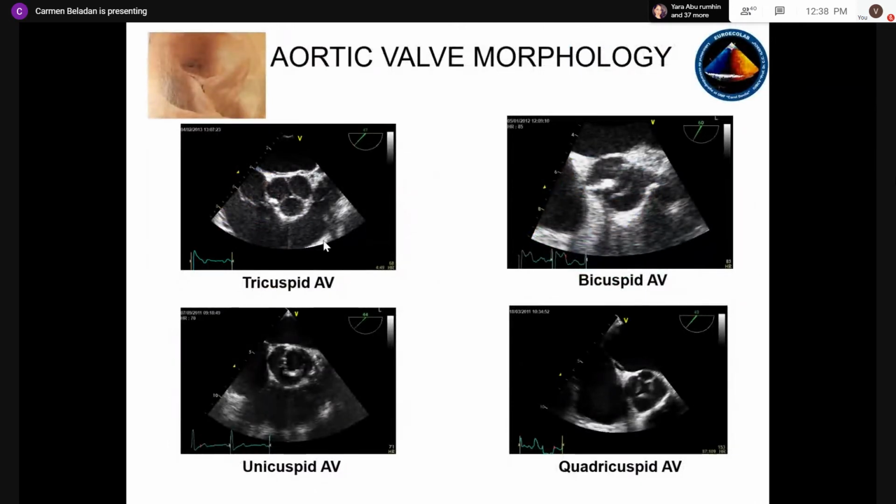In this image, you can see the aortic valve morphology. This is the normal aortic valve morphology, including the three leaflets. The aortic valve normally has three leaflets, but sometimes in some patients we can find pathological morphologies.